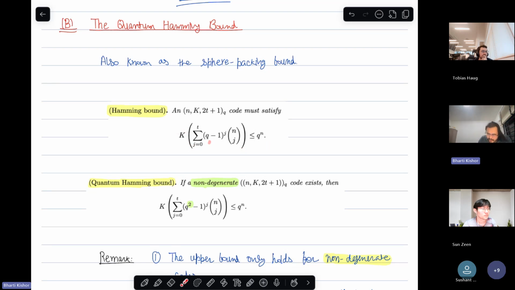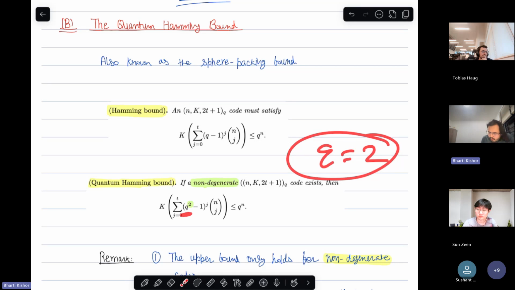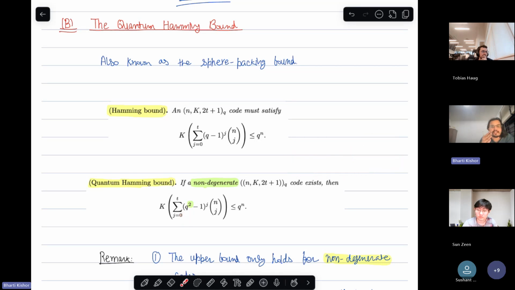In the quantum case, you have more ways in which your errors can occur. So let's take q equal to 2. Then 2 squared minus 1 is 3, so you can have X error, Y error, and Z error. On the other hand, here you have just 2 minus 1, which is 1. So in the classical case, for q equal to 2, you have just the bit flip.